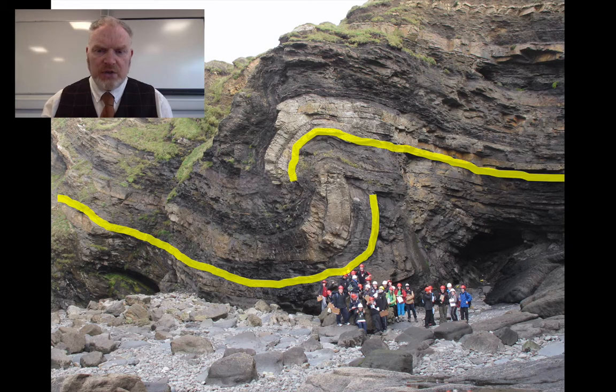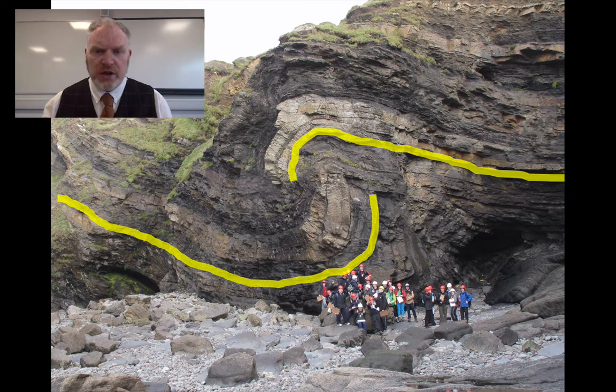Now, what I'd like you to do is, bearing in mind what we've learned already about the different types of stress and the different types of deformation that can occur as a result of that stress, I'd like you to label up this photograph, annotate the photo to show how this rock has actually been deformed.